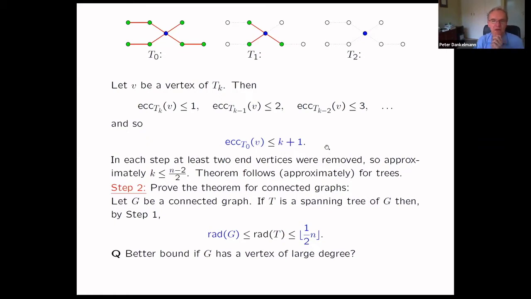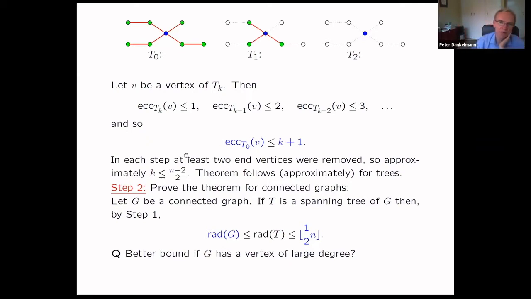Okay, now I just have to think quickly, how large can K be? But that's actually quite easy, because in every step I removed at least 2 vertices, because every tree with 3 or more vertices has at least 2 end vertices. So at every step I removed at least 2 vertices, and that means that K is about at most n over 2.